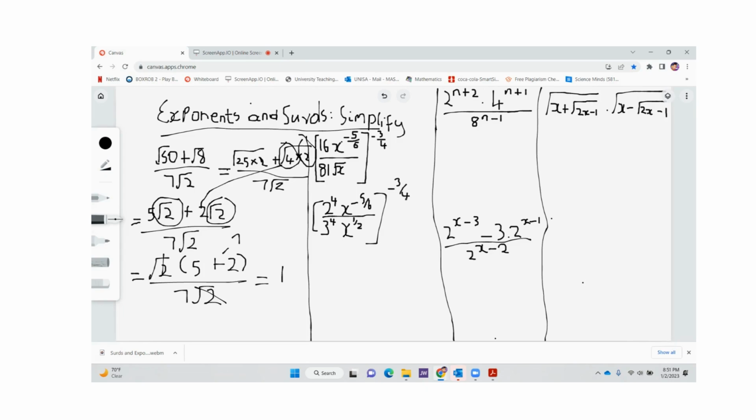Okay, we're still dealing with the inside. We will come back and deal with that outside exponent. So we have 2 to the power of 4 divided by 3 to the power of 4. And then with x, I'm treating it separately because the bases are the same with the division in between. So we know if the bases are the same with the division in between, then we're going to subtract the exponents.